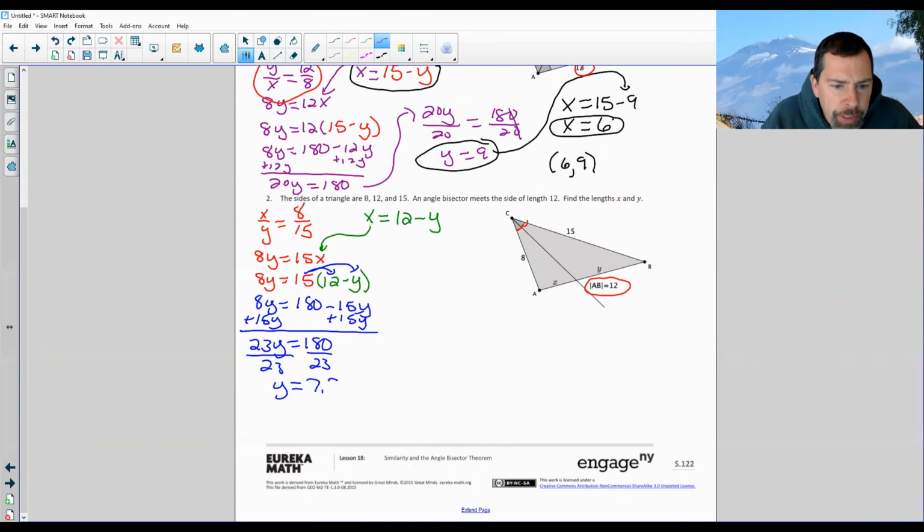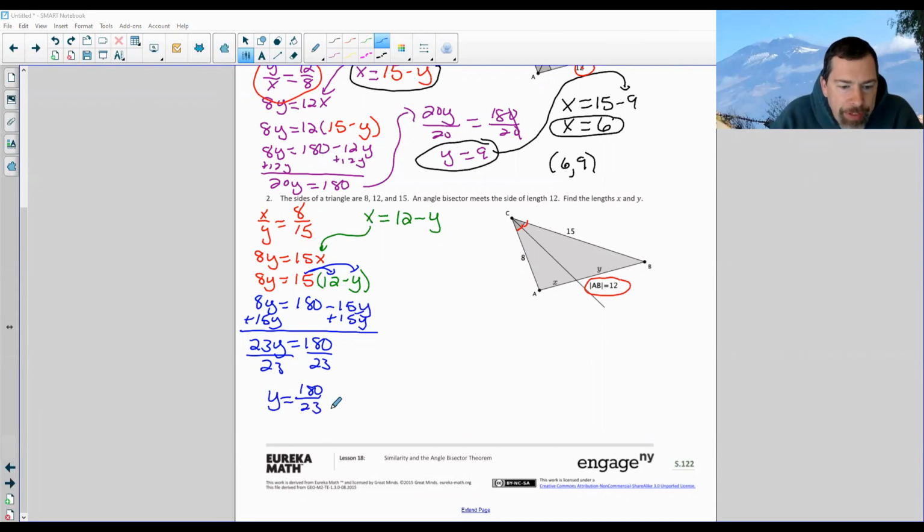Is that right? Let me check my work. I brought this up on my calculator. You don't want to use decimals and round because it's not accurate. So I'm going to erase that, and we're just going to leave it, and it doesn't reduce because of 23. So we're just going to say y equals 180 over 23.